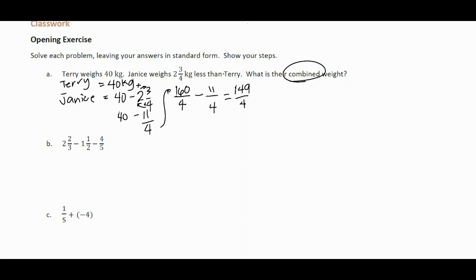In another way, we can also simplify this as a mixed form, wherein 149 divided by 4 in mixed form should be 37 and 1/4. All right. Now we combine them. When we say combine, it means we are adding. So we're going to have 40 plus 37 and 1/4. Remember the rule. It's difficult to add fractions or mixed fractions and a whole number.